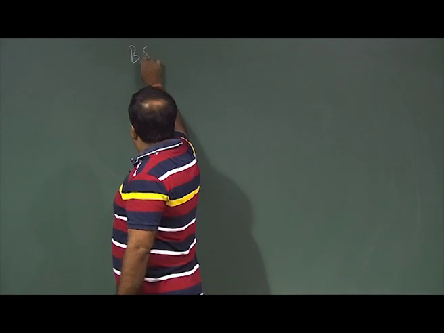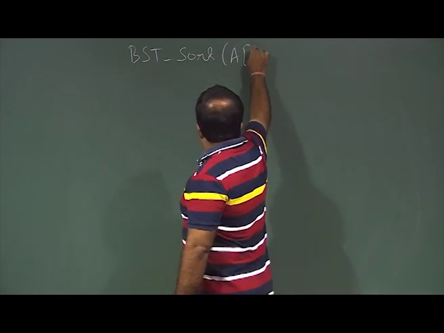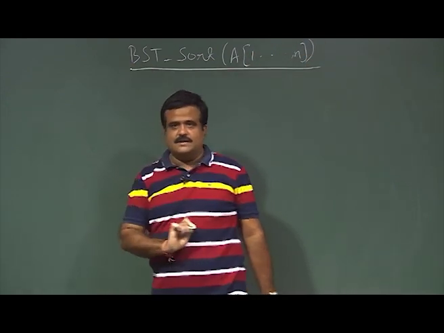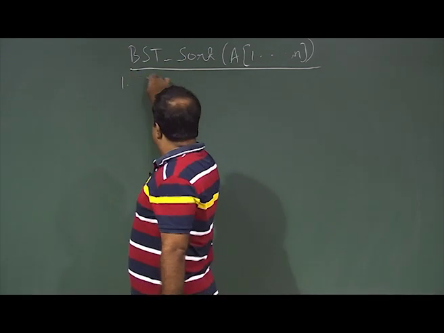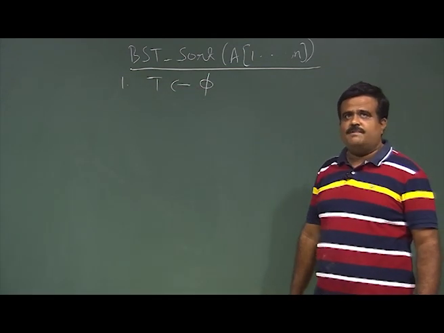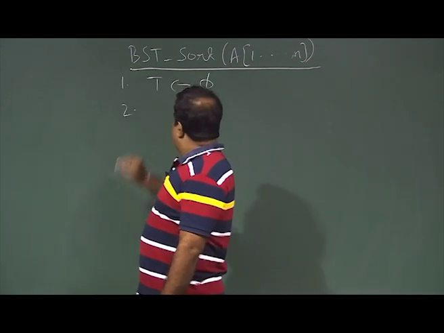We are given an array of size n. So what do we do? First, our T is empty. We initialize a binary search tree as empty, and then we will form the tree.